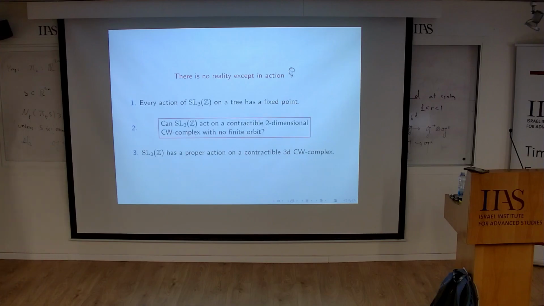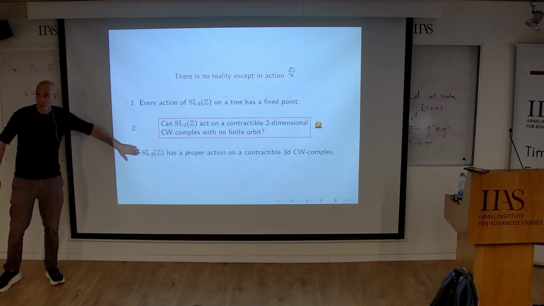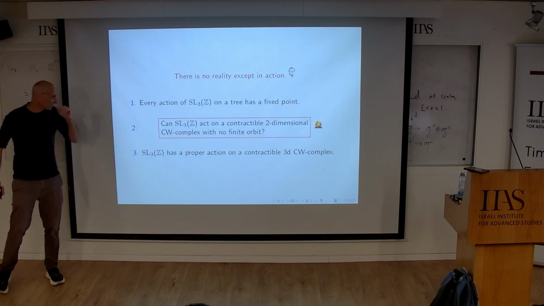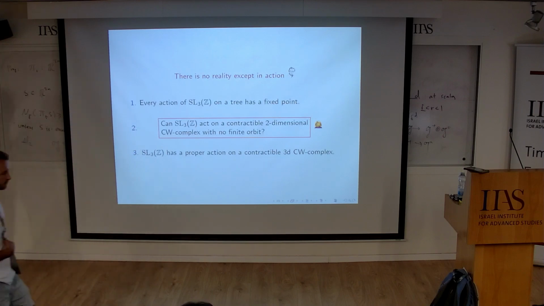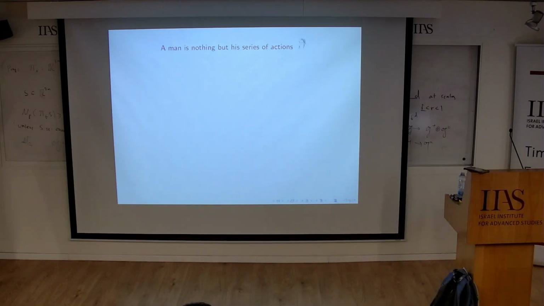And here is something very disturbing. We don't know about the two-dimensional case. It does not have a proper action on a contractible CW complex of dimension two. Does it have an action with infinite orbits? We just don't know.